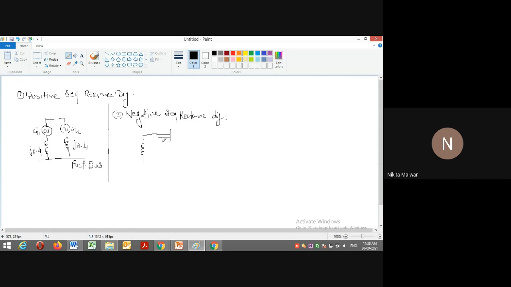Suppose we have here bus number 1, and with this bus number 1, two generators are connected to this reference bus. So what is the value? Given value for negative sequence is J 0.3, J 0.3.